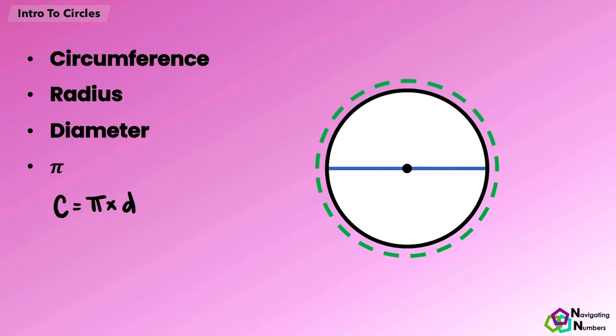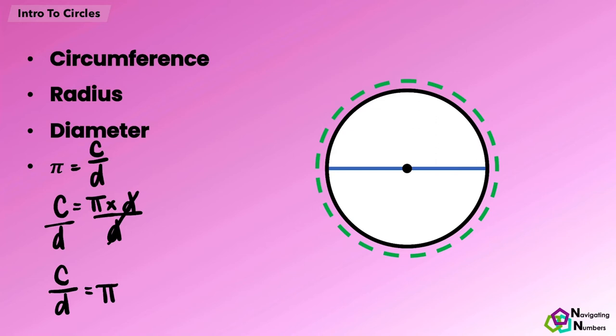So if we wanted to find out what pi means in relation to the diameter and circumference, we have to divide both sides by diameter. That leaves us with circumference divided by diameter equals pi. So pi is actually the ratio of the circumference to the diameter.